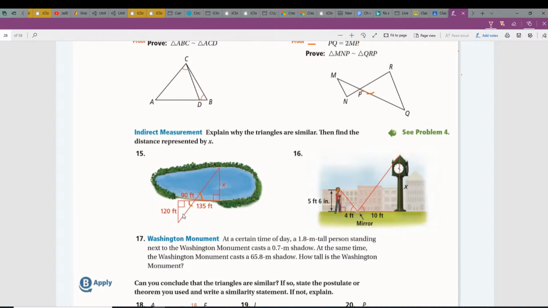I think you guys can already tell that we're starting to see two congruent angles in both of the triangles. Meaning, we can prove this by the AA postulate.